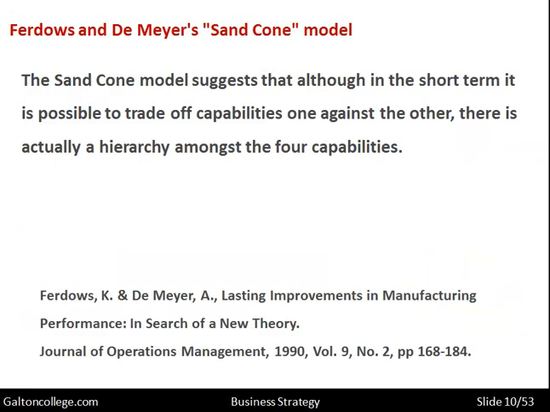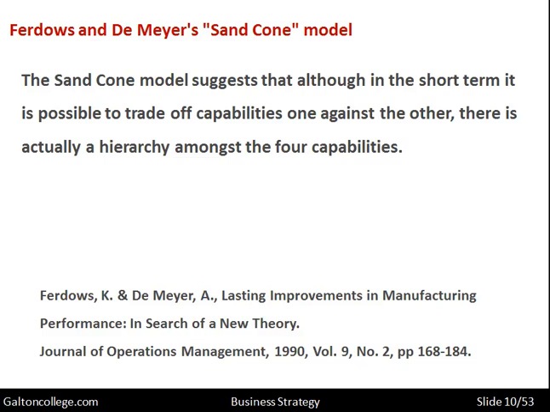Now, Ferdows and De Meyer's sand cone model is sometimes talked about as well. This model suggests that although in the short term it's possible to trade off capabilities one against the other, there is actually a hierarchy amongst the 4 capabilities.